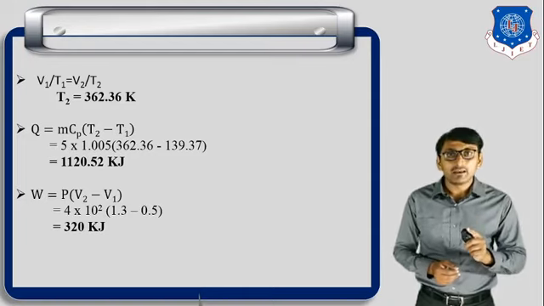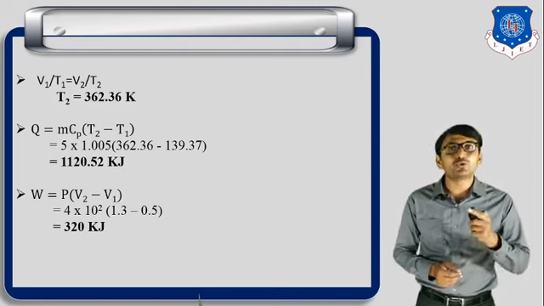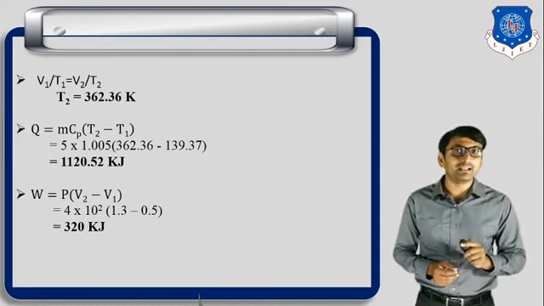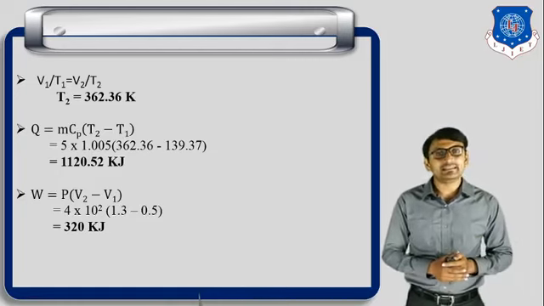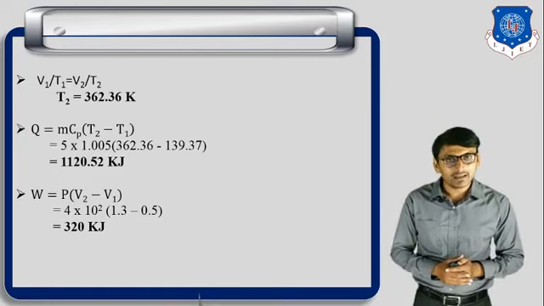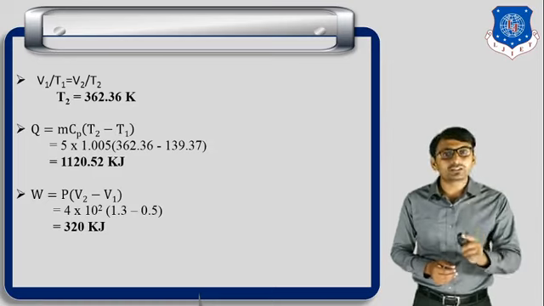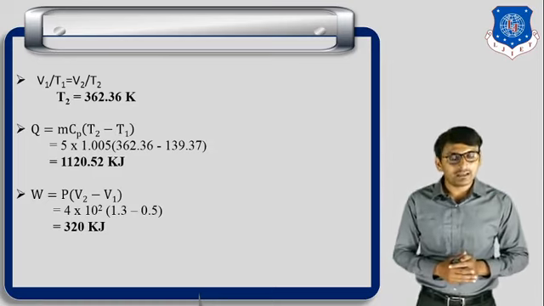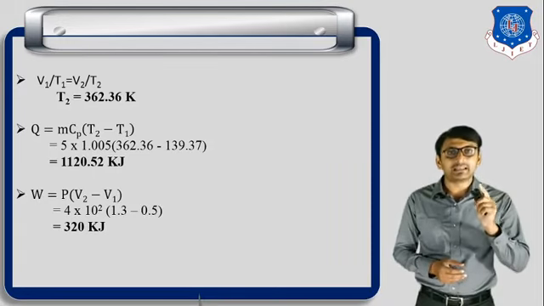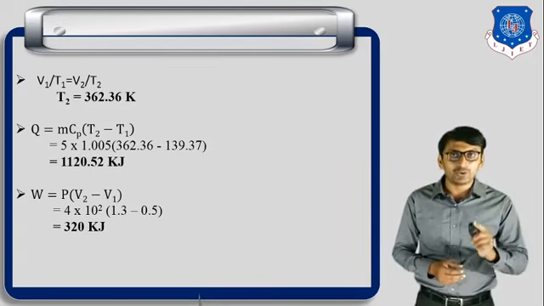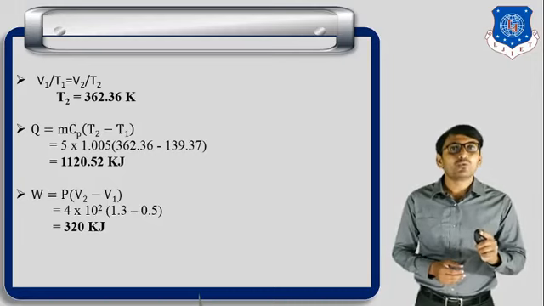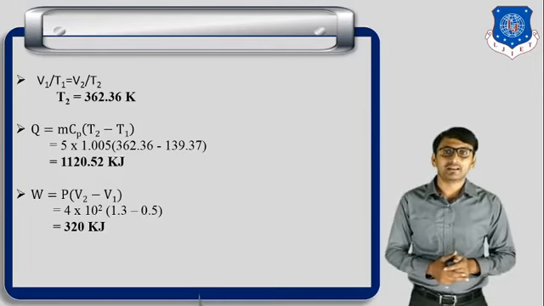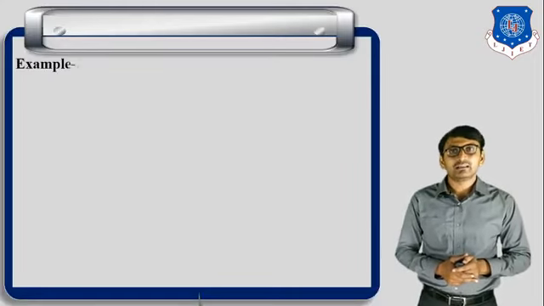Because pressure is 4 into 10 raised to 2 kilopascal, so here we get unit kilojoule. So this is about example number 1, which is of a constant pressure process. In example number 1, we found temperature T1, temperature T2, then Q, which is heat supply, and W, that is work done.